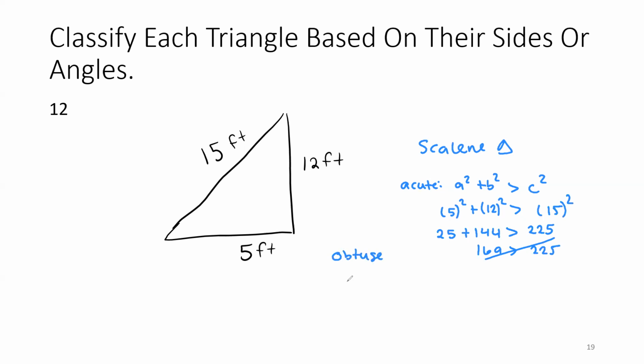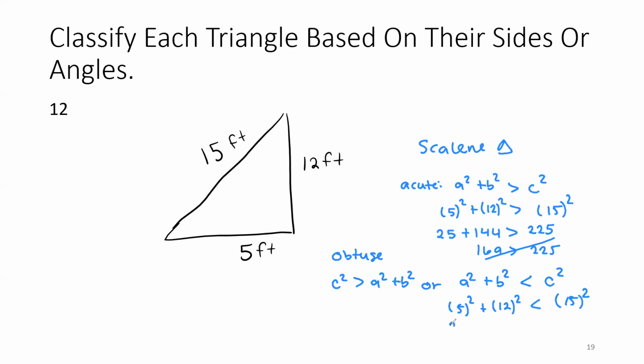The rule for obtuse is c squared is greater than a squared plus b squared, right? Or you could think of it, because this is technically backwards, a squared plus b squared is less than c squared, right? Okay, so one of my legs is 5, so it'd be 5 squared plus 12 squared. Is that less than c squared, 15 squared?